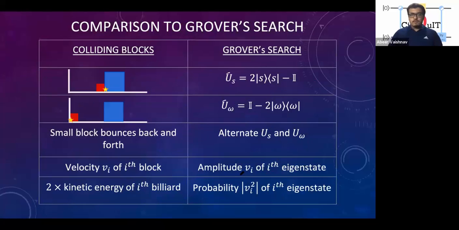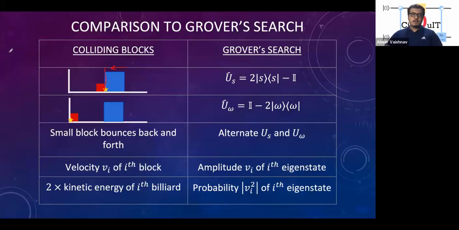Okay, going further, we have this particular thing where both the blocks collide with each other, and this can be termed as the operator US. Why am I saying this is the US operator? Because this block is going with some velocity in this direction, and when it collides with this block, we can take this particular interface as the average value.